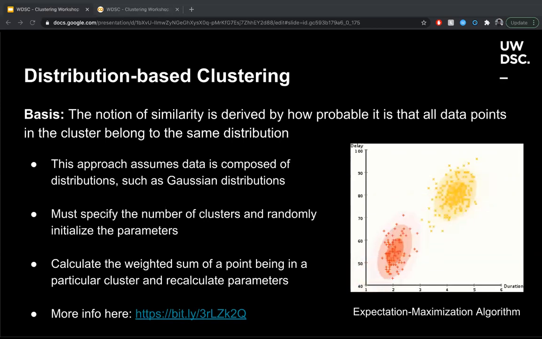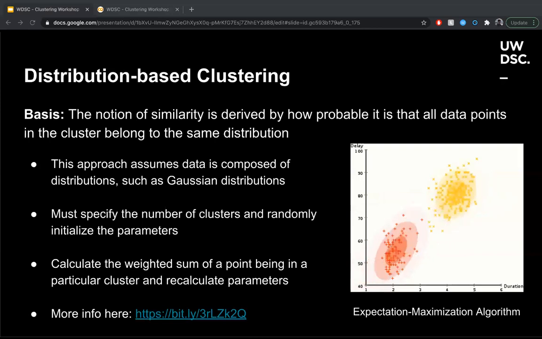So basically, you begin by selecting the number of clusters that you want, just like k-means. So that's kind of a limitation of it. And you randomly initialize Gaussian distribution parameters for each of the clusters that you've selected. And then given these Gaussian distributions for each cluster, you compute the probability that each data point belongs to that particular random distribution.